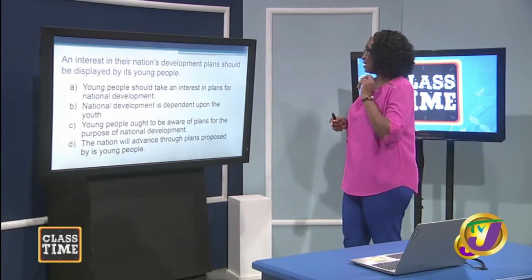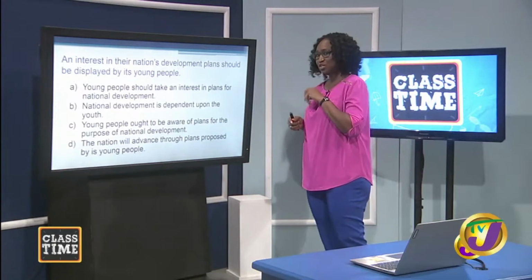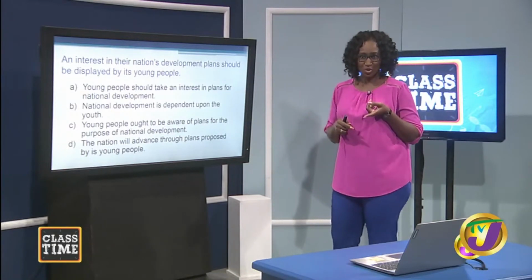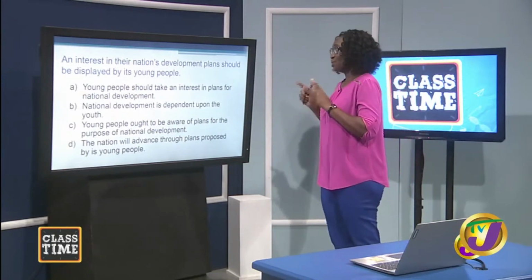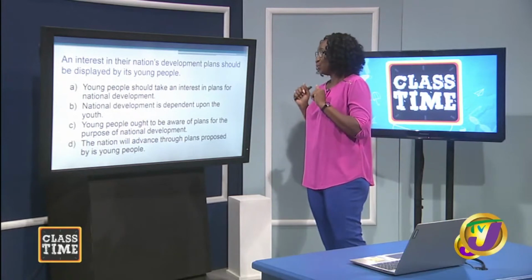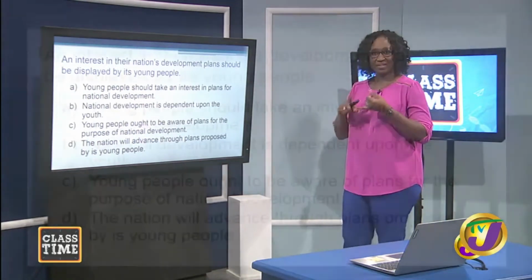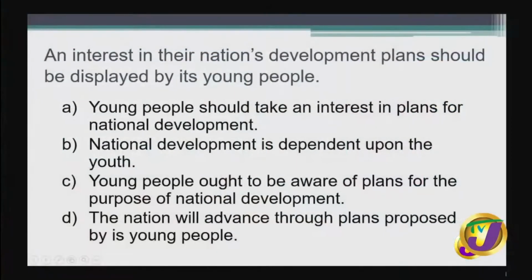All right, so here is the one we're looking at now. An interest in their nation's development plans should be displayed by its young people. You have four options here. Now note carefully. You're thinking of an interest in national development that should be displayed by the young people. Is A your answer?